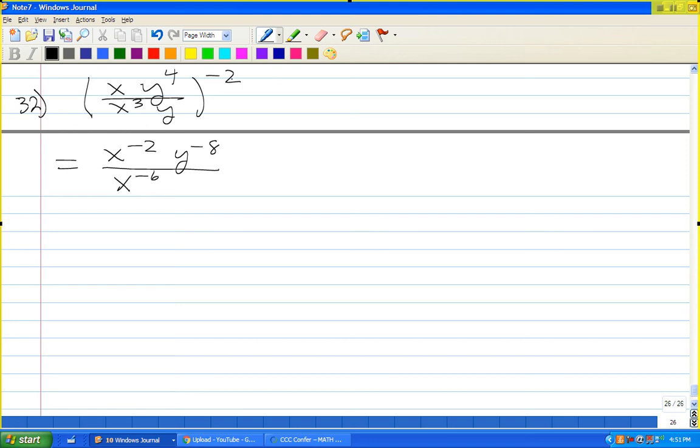And 1 times negative 2 is negative 2. Everything that has a negative exponent, let's interchange. So let's bring this guy up and this guy up. And so everything just interchanges. So you get x to the 6, y squared from the denominator, x squared y to the 8th for the numerator.